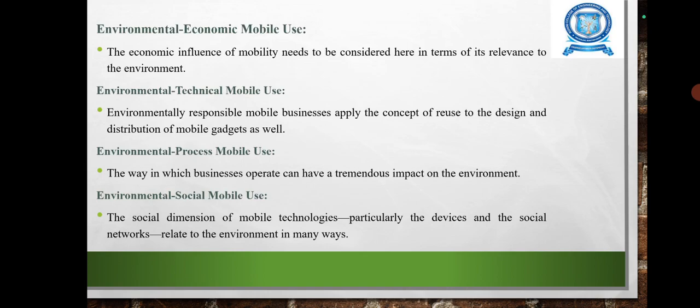Environmental process mobile use. The way in which businesses operate can have a tremendous impact on the environment. Environmental social mobile use. The social dimension of mobile technologies, particularly the devices and the social networks, should relate to the environment in many ways.